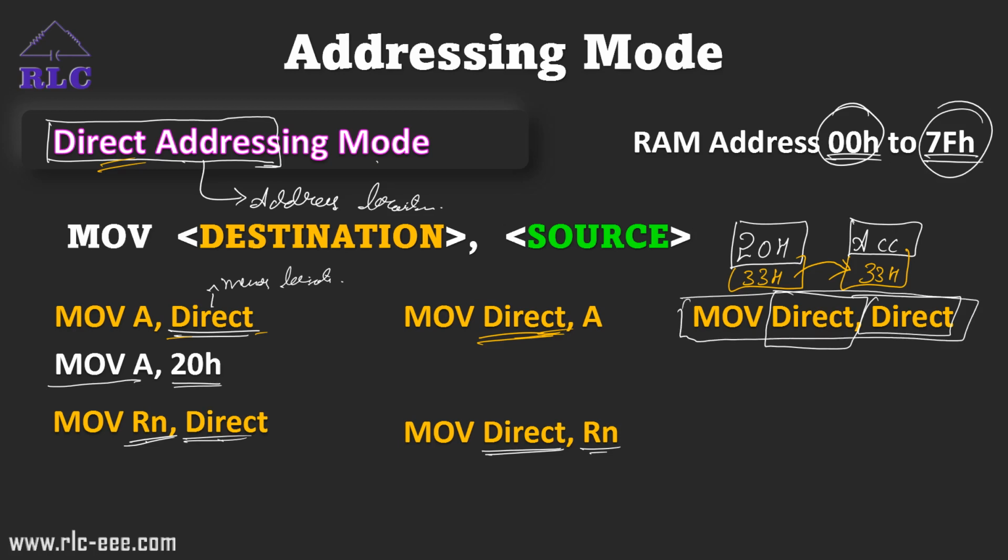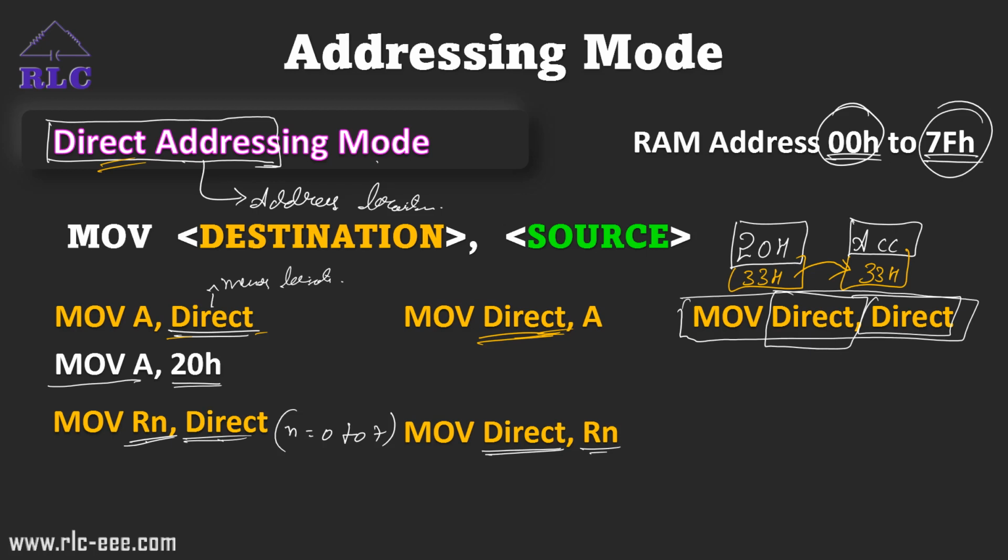These are all the combinations which are possible. First, MOV A, direct address; MOV Rn, direct address, where n is from 0 to 7. We can say MOV R0, direct address, MOV R1, direct address, like that.